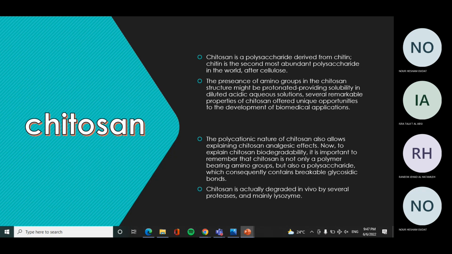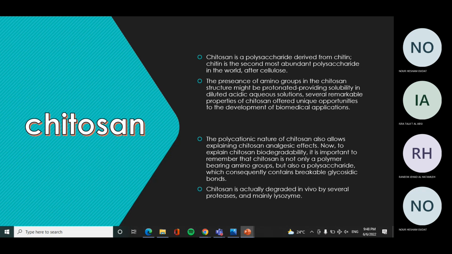Several remarkable properties of chitosan offer unique opportunities for the development of biomedical applications. The polycationic nature of chitosan also helps explain its analgesic effect.